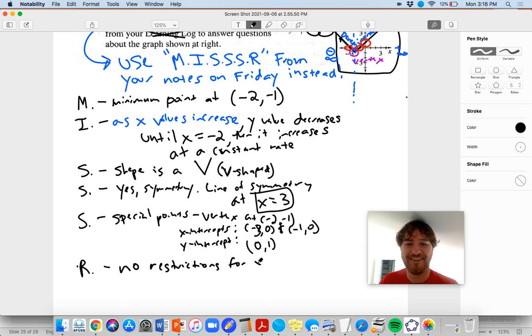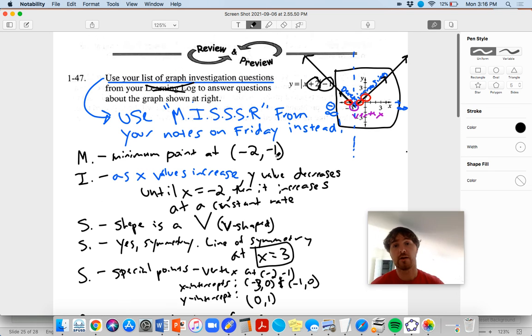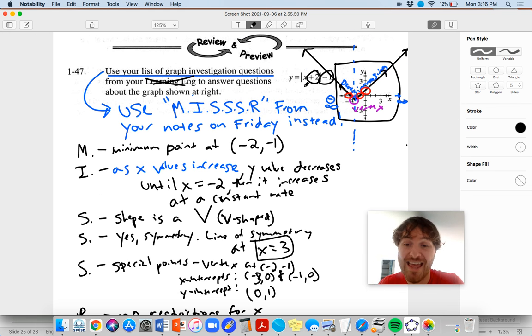What about y? Well, absolute value makes things positive. If I look at this actual equation, the absolute value of x plus 2 has to be positive, because you take a number, add 2 to it, and find the absolute value of that number.